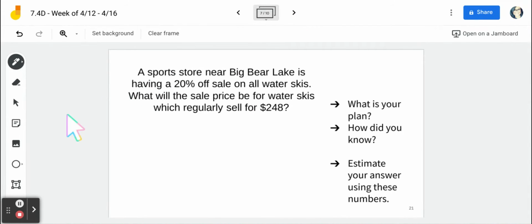So in this problem, it looks like we have water skis that regularly sell for $248. If we are using our UPSC for understanding, our water skis are regularly selling for $248. There's a 20% off sale.